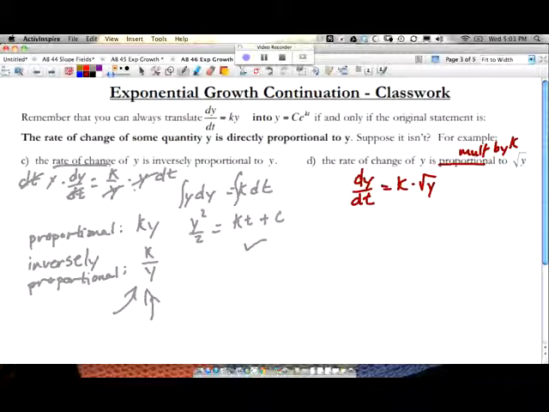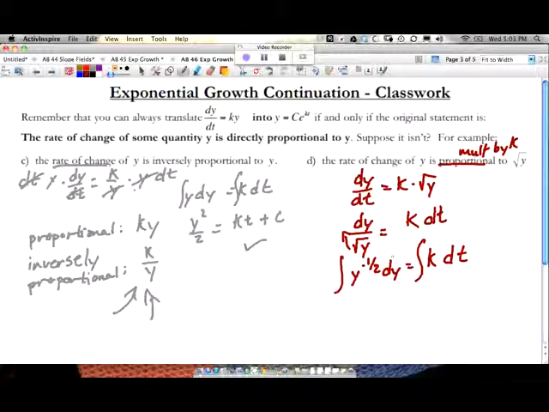Well, how would you deal with that one? We have to move stuff around again. So we're going to have dy over square root of y equals k times dt. It's not as bad as you would think, because if I move this y up, I'd have y to the negative 1/2 dy equals k dt.